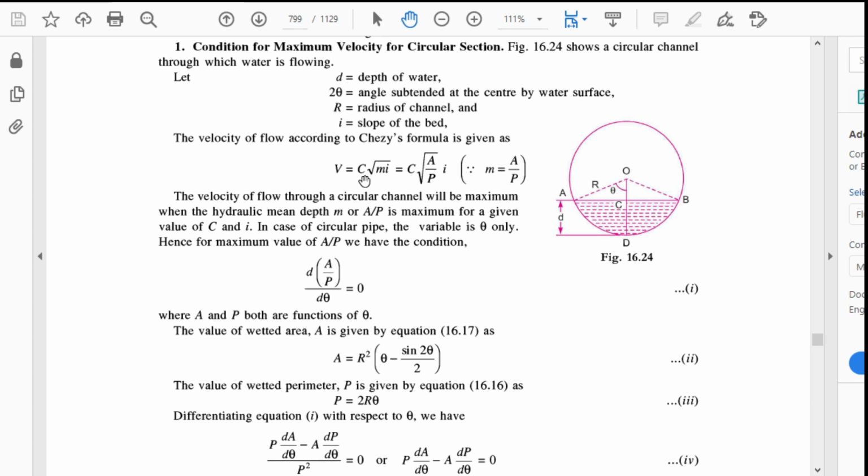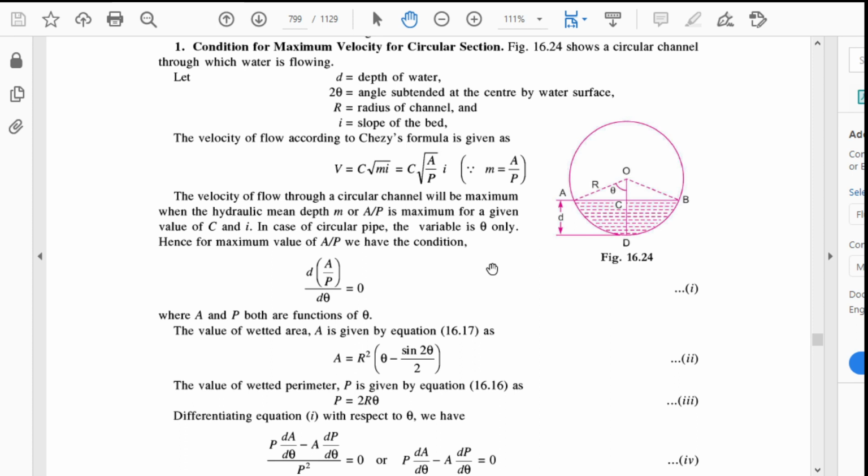V is C root mi. This is the expression for the velocity of flow according to Chezy's formula, V equals C root mi. This m can be written as root of A by P into i.